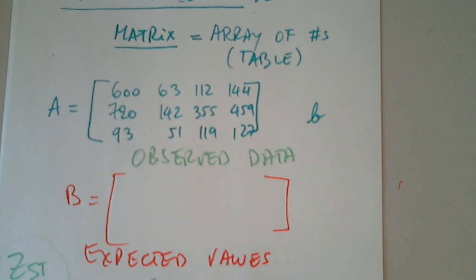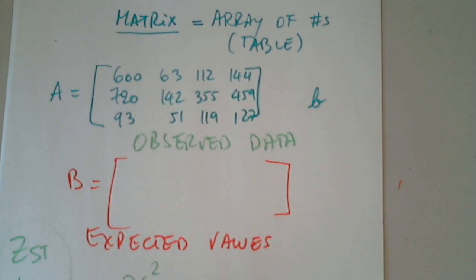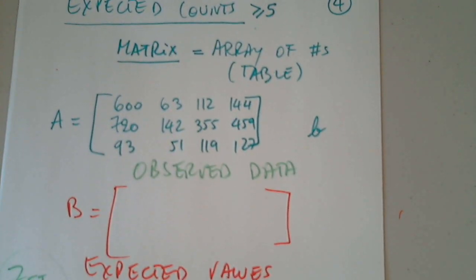Okay, we didn't copy the expected values, but can anyone give us the conclusion? Do we reject independence or fail to reject independence?